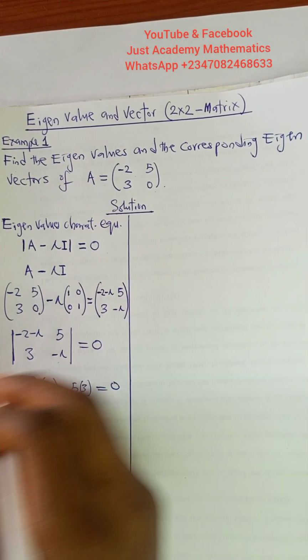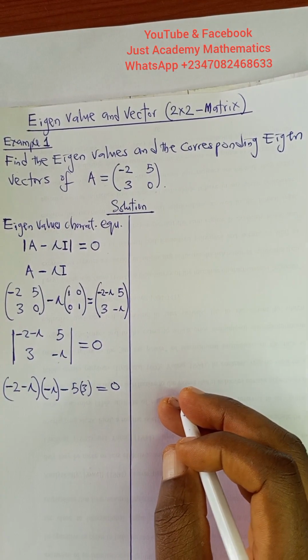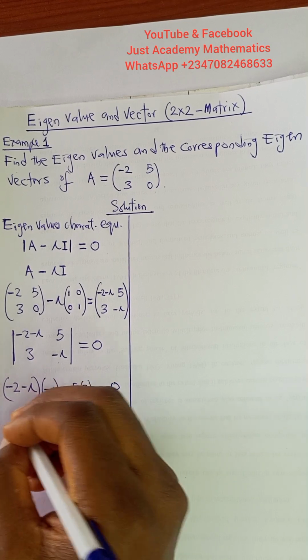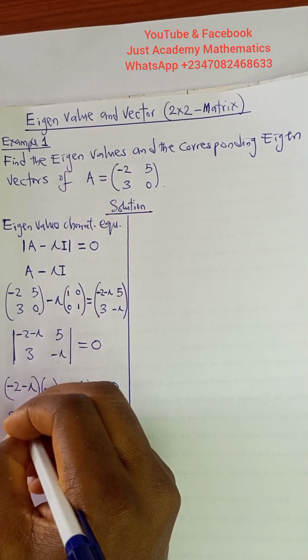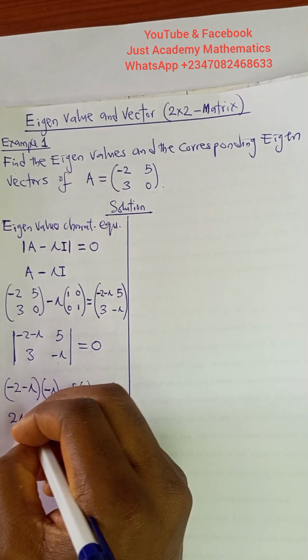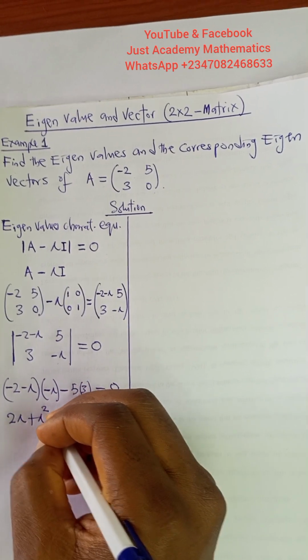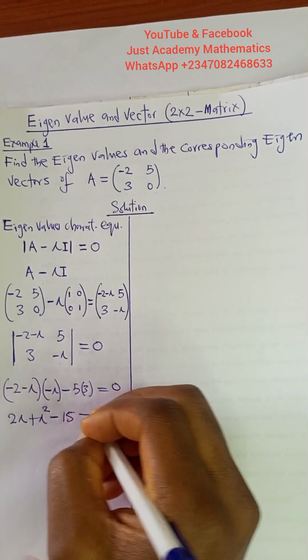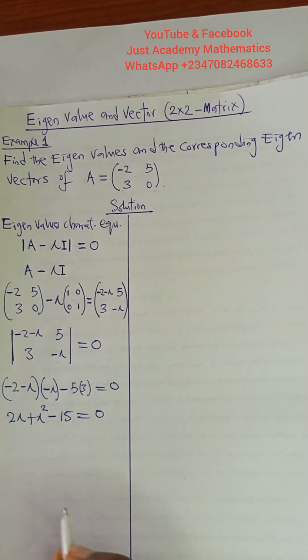So this times this minus this times this equals 0. If you open the bracket, we get 2 lambda plus lambda square minus 15 equals 0.